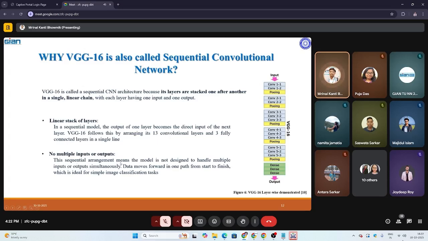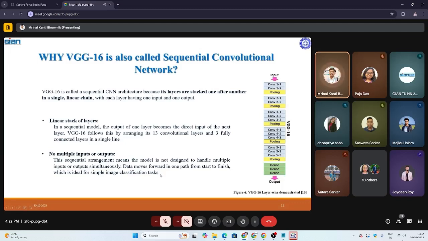This sequential arrangement means the model is not designed to handle multiple inputs or outputs simultaneously. That is, if you give multiple inputs, this model is not designed for multiple inputs. So data moves forward in one path from start to finish, which is ideal for simple image classification tasks.